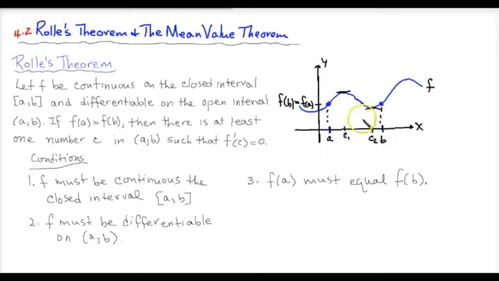Okay? And also you will notice this point right here is a relative maximum, and this point right here is a relative minimum. So Rolle's theorem helps us to know that there is a possible relative maximum or relative minimum within a closed interval. Okay? But remember, these three conditions have to be met.